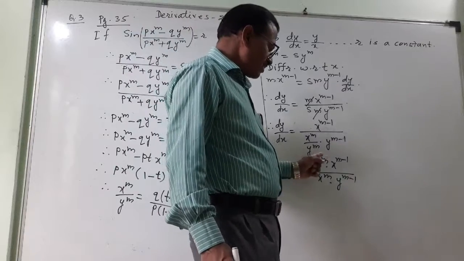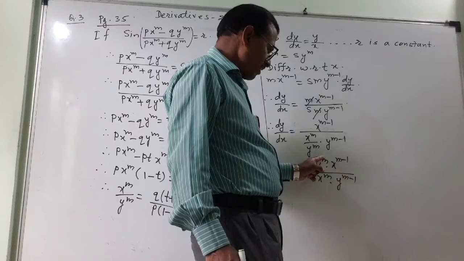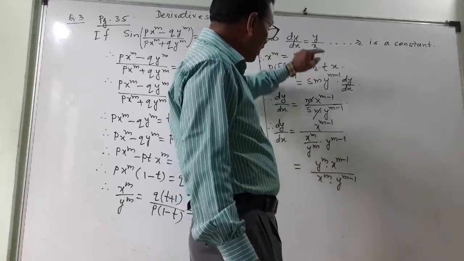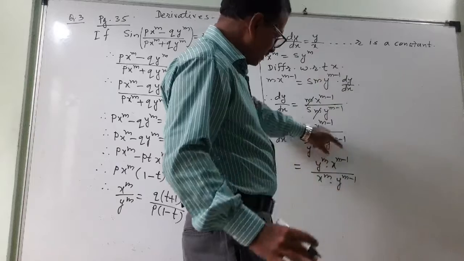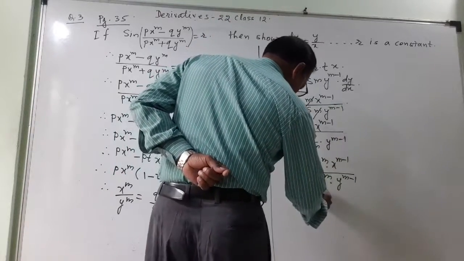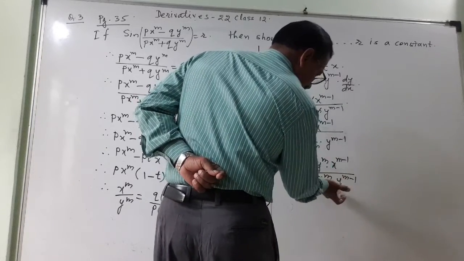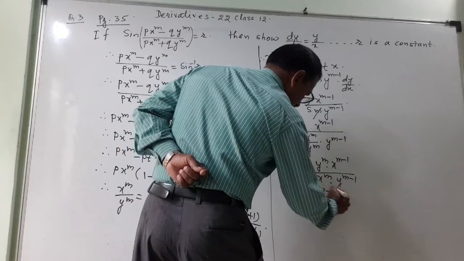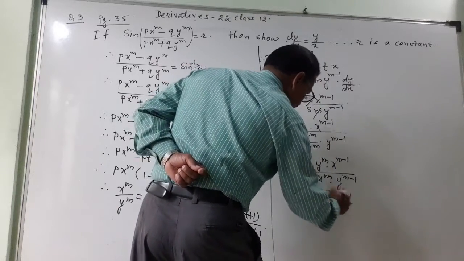We know that division means subtraction of the indices. Because I want y in the numerator, this y I will take up: y^m divided by y^(m−1) becomes y to the power m − (m − 1).